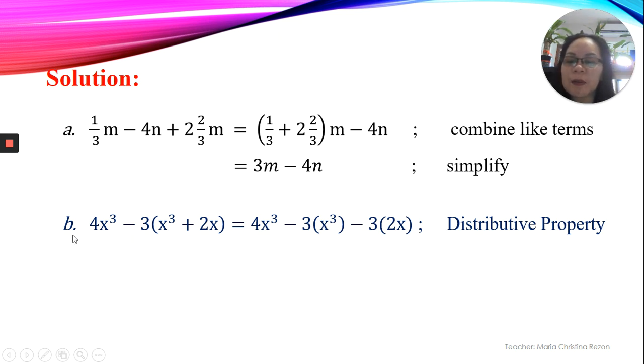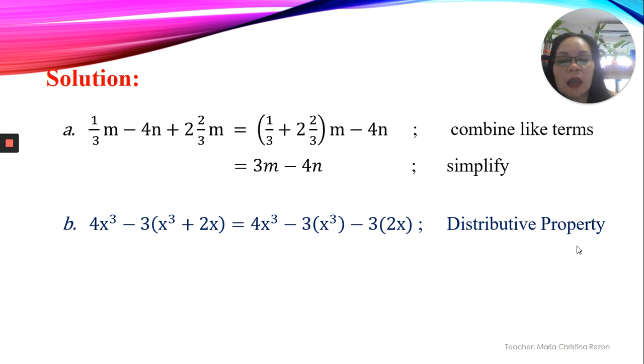Letter B, 4x cubed minus 3 times the quantity x cubed plus 2x is equal to 4x cubed. You distribute negative 3 to x cubed and 2x, so you will have negative 3 times x cubed minus 3 times 2x. That is using the distributive property.